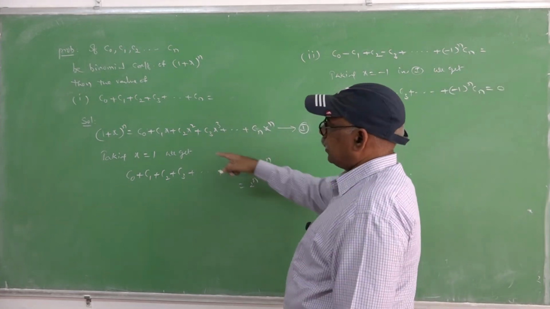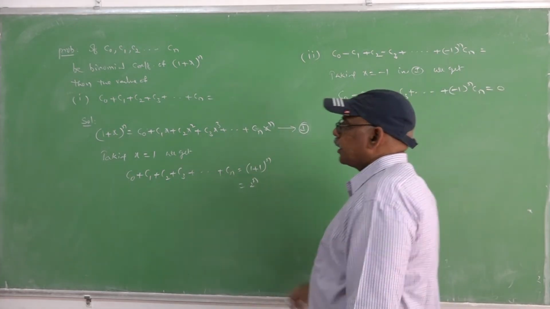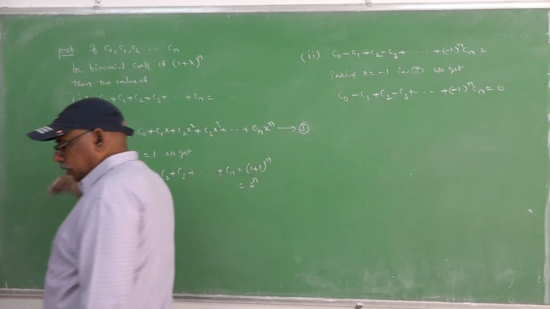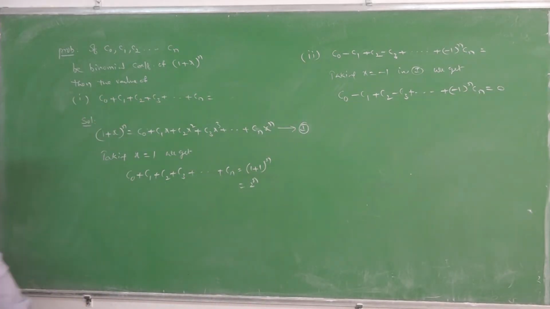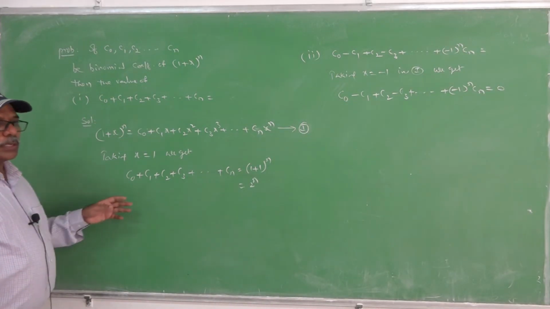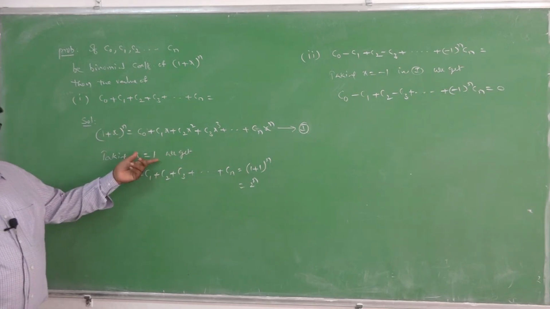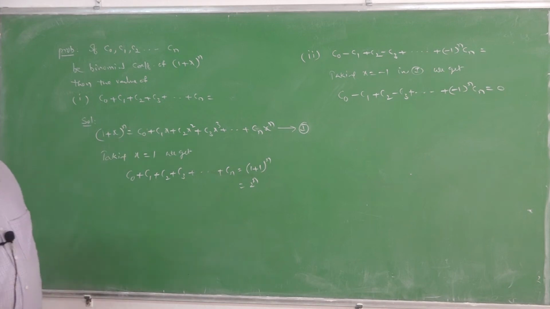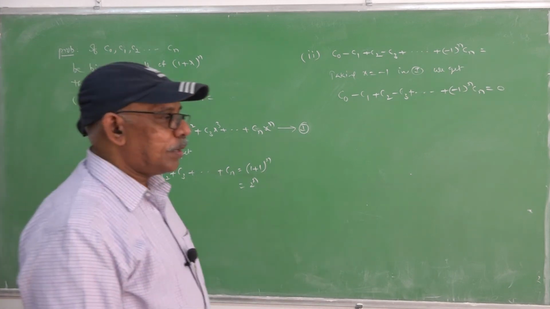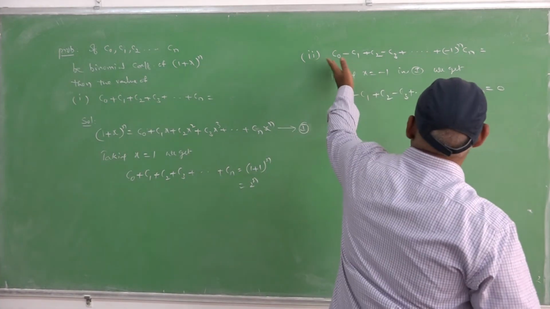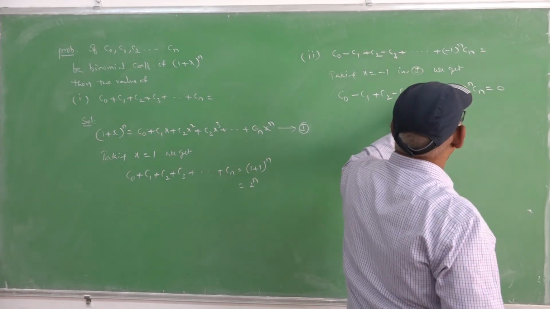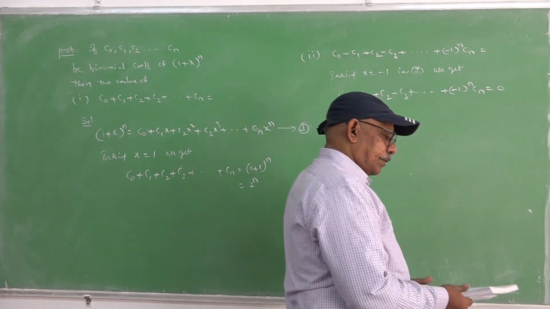The sum of the binomial coefficients of the expansion (1 + x)^n is obtained for x = 1. Similarly, the sum of the binomial coefficients taken alternately with plus and minus is nothing but 0 itself. Okay.